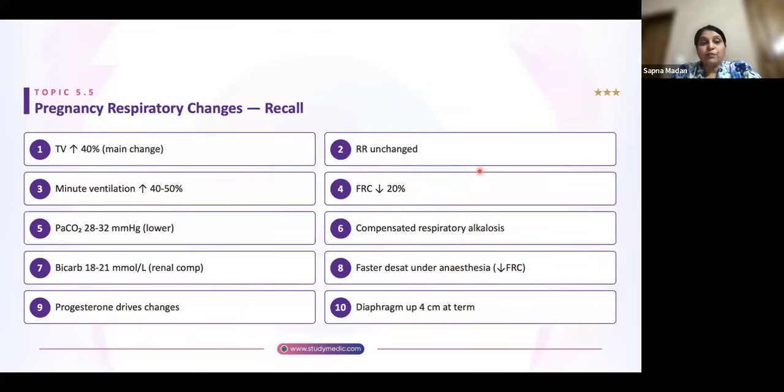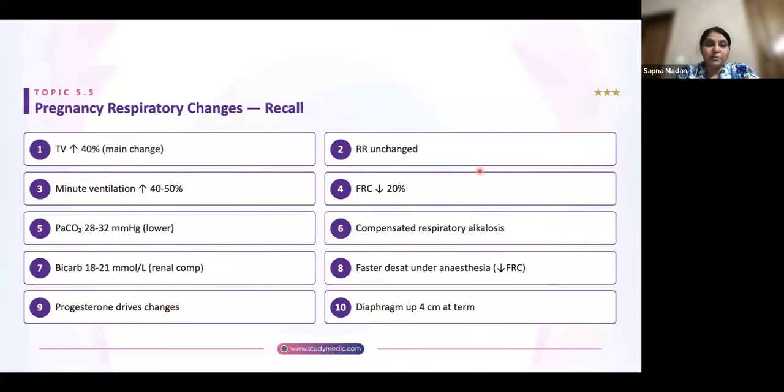The partial pressure of CO2 is also lower than in a normal ABG. We will come to the difference. It is around 28 to 32 millimeters of mercury. Pregnancy is a state of compensated respiratory alkalosis. The compensation comes from the kidneys, and because the kidneys are compensating, the bicarbs are coming down.